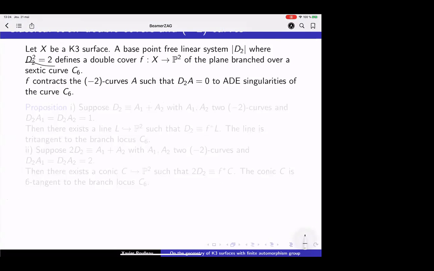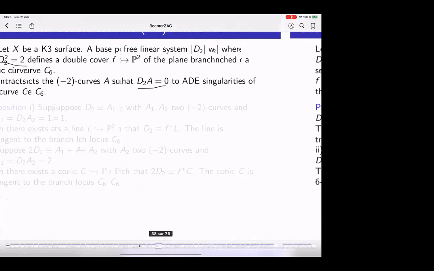That double cover constructs the -2 curves A such that the intersection with D2 is 0, and that are contracted to ADE singularities of the curve C6.